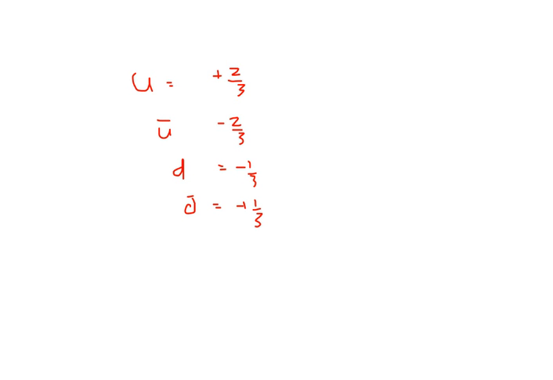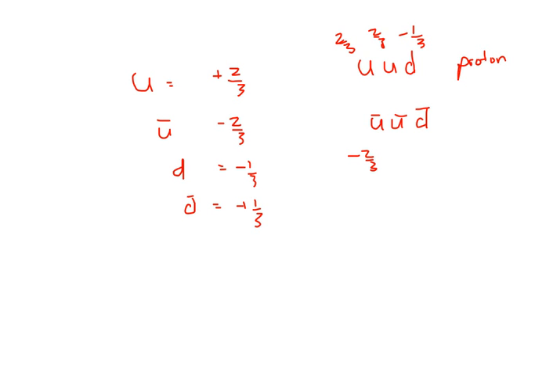So you know how a second ago I told you that if you had an up and a down, this made a proton? Because you have a 2/3, a 2/3, and a negative 1/3. Well, what if I used a negative up and a negative down? What if I used all antimatter? Let's walk through what this would be like. An anti-up would be a negative 2/3.